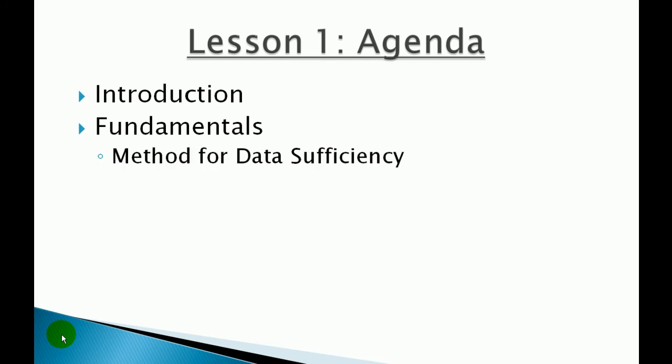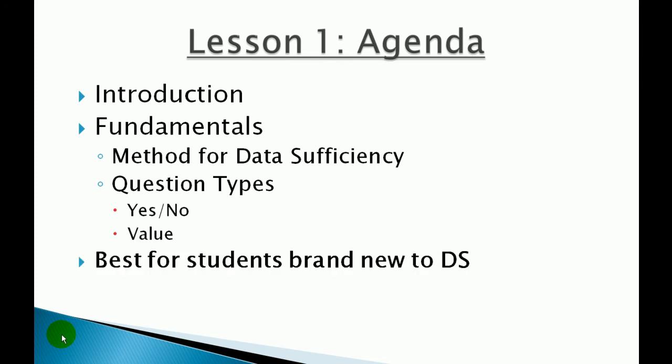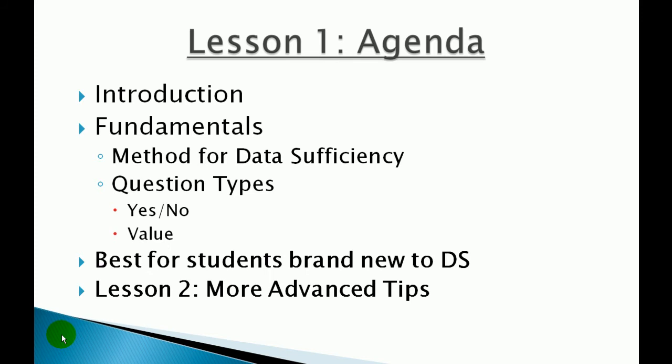That includes a standardized method for doing data sufficiency, as well as a discussion of the two question types, which are yes/no questions and value questions. This video is probably best for students that are brand new to the data sufficiency question type. In Lesson 2, I'll be going into some more advanced tips and problem-solving techniques for data sufficiency.